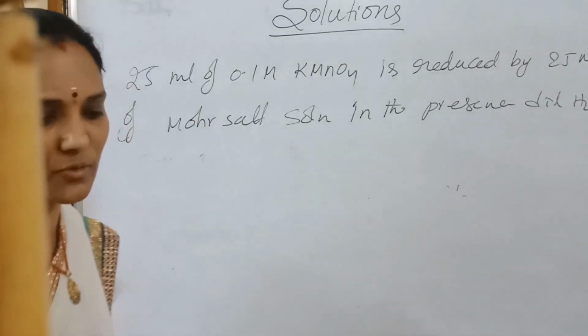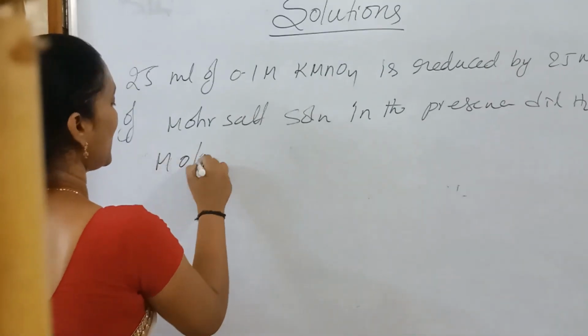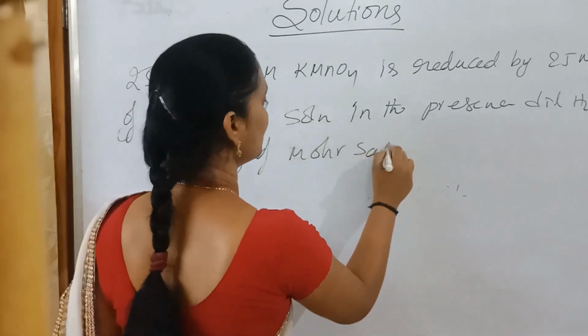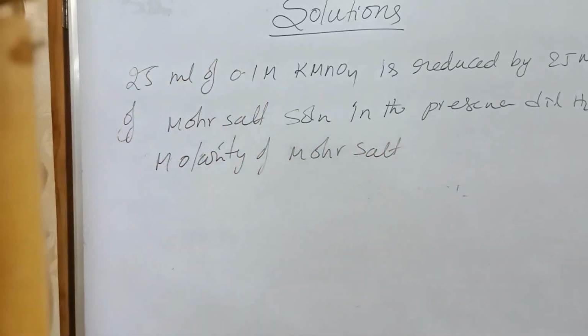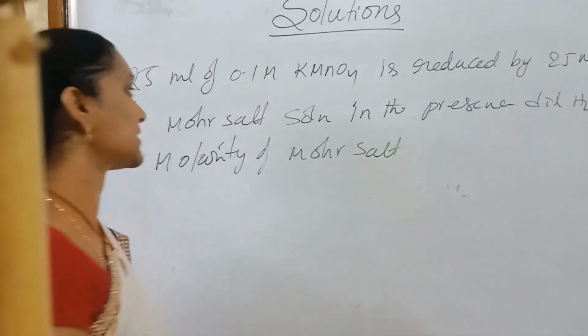What is this Mohr's salt? FeSO4, (NH4)2SO4, 6 H2O. That is the Mohr's salt. So the molarity of Mohr's salt they are asking.